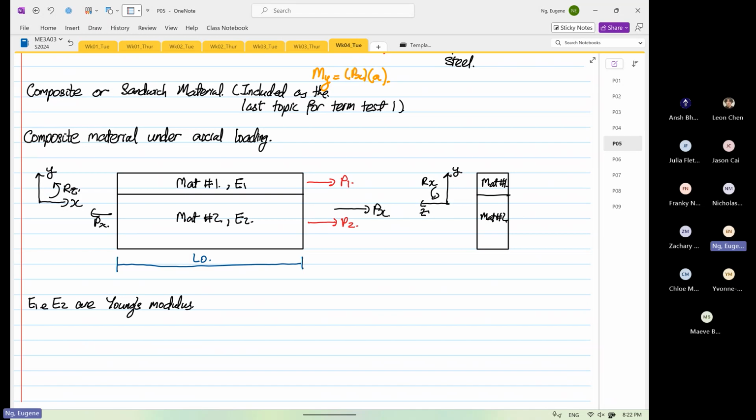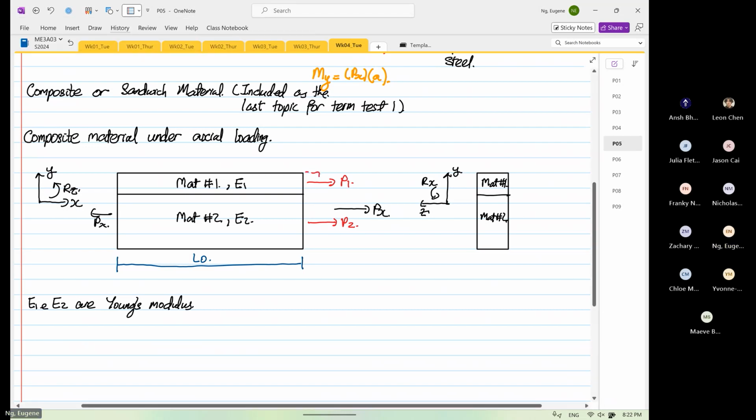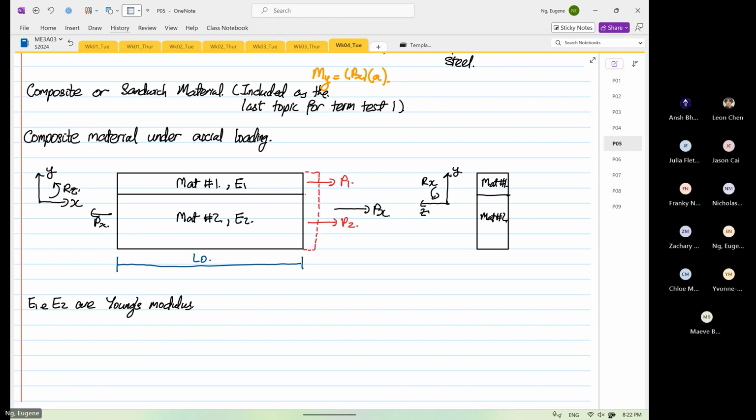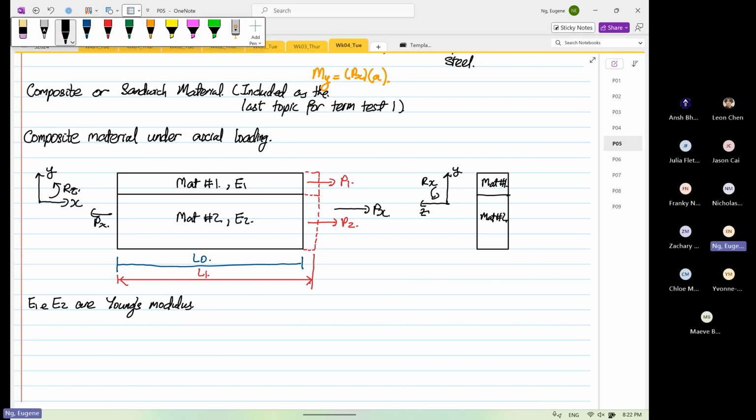When the structure is under load, you have P1 and P2 over there. The structure will elongate or deform to a new length, and this new length is what we call L1.